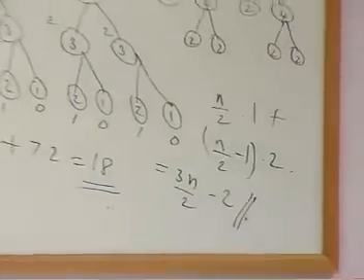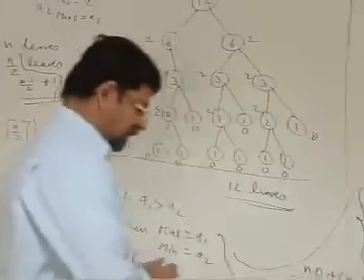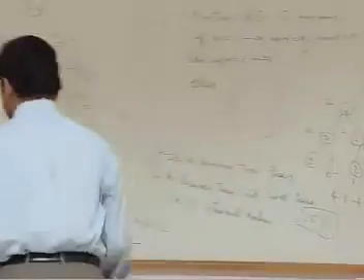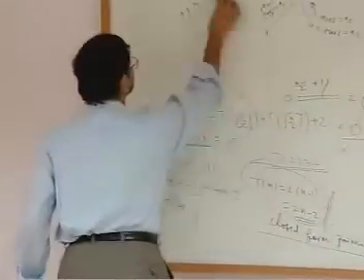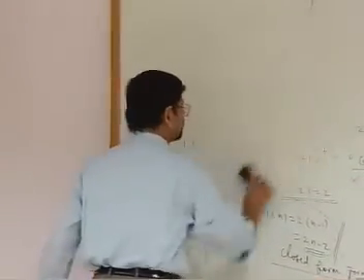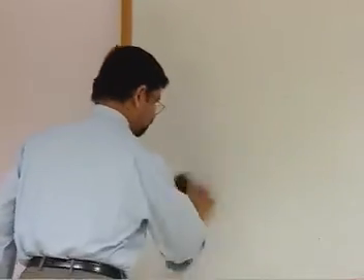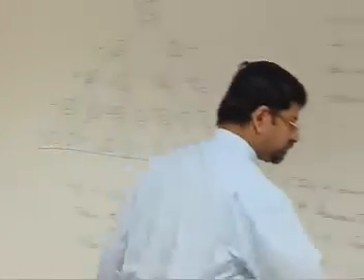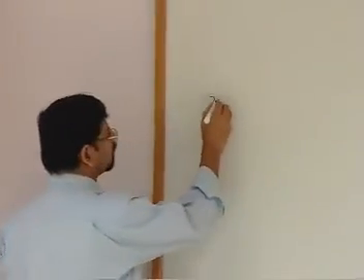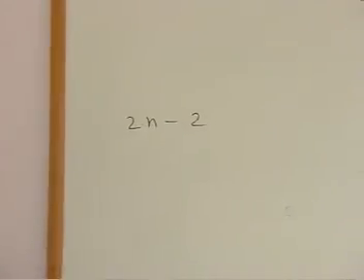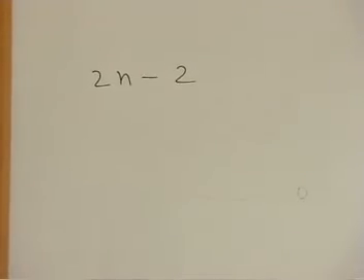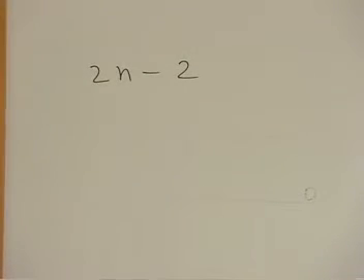So my original algorithm had complexity 2n minus 2. A very direct go down to divide and conquer.